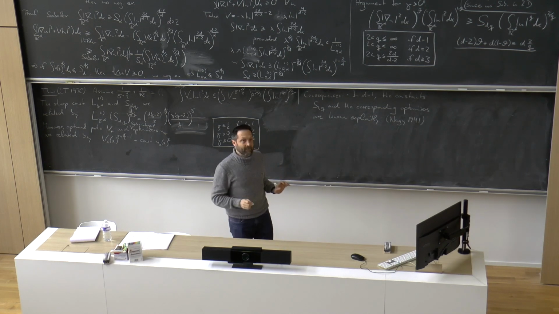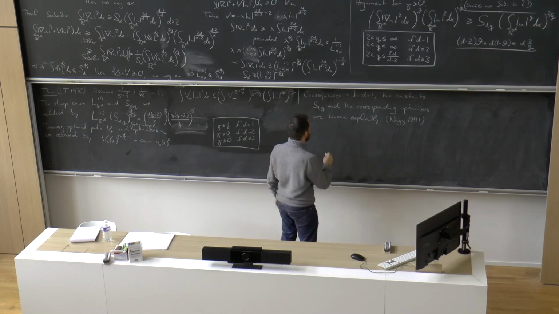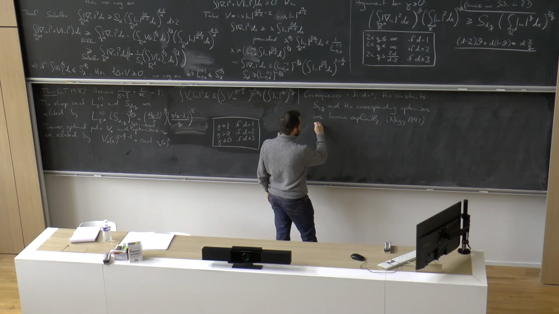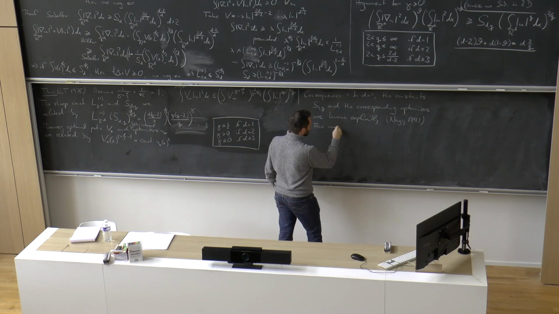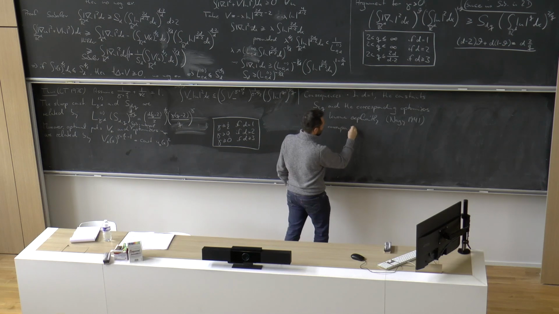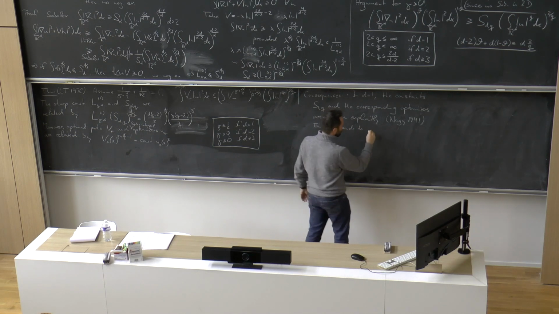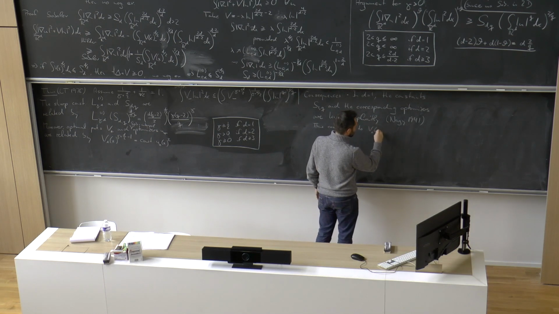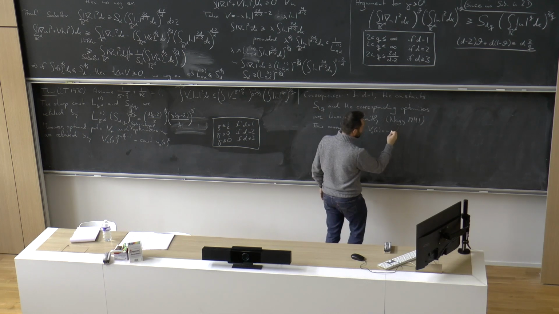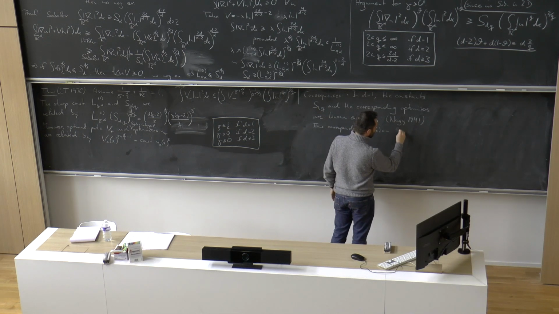And what is perhaps interesting is that this corresponds to V star of x equal to a certain constant that depends on gamma divided by cosh squared of x.